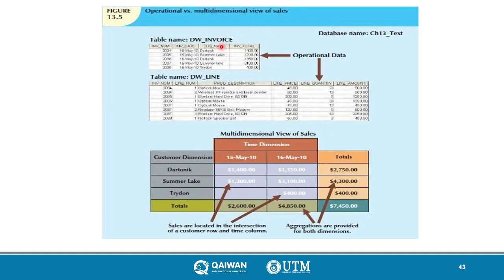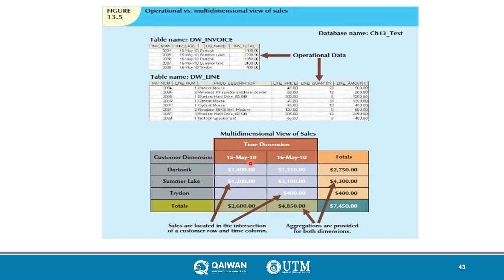Now we have the tables data warehouse invoice and data warehouse line. These are the operational data. We know this; this is the database that we work with. Now you may say, well, what is this? I would say that this is a multidimensional view of sales. From the customer dimension we have Summer Lake, Tridon, and also this one.